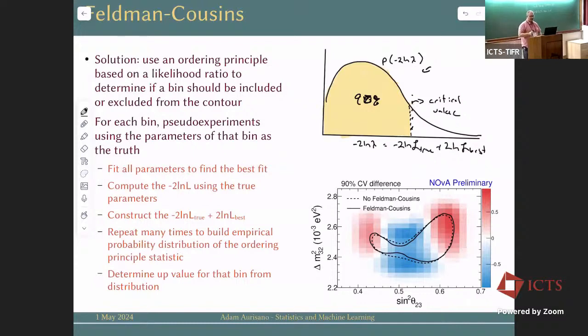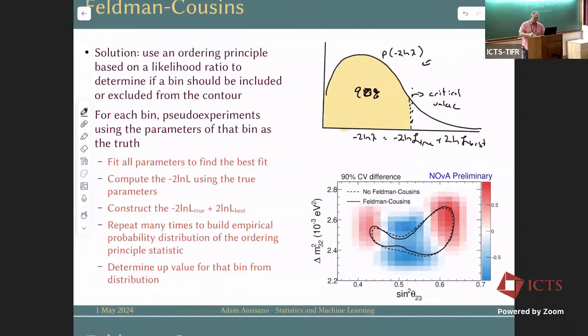And so if you have a model that has more parameters than you're actually showing, then there are some details that can make the coverage guarantees go away. And that mostly comes from needing to figure out what ensemble you're generating over in terms of what values you're sampling from for your nuisance parameters when you're generating your pseudo experiments for this.